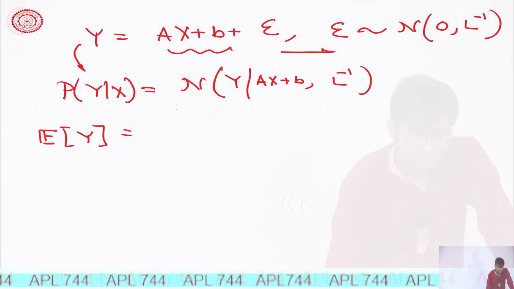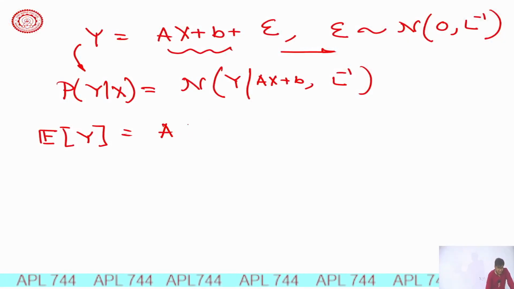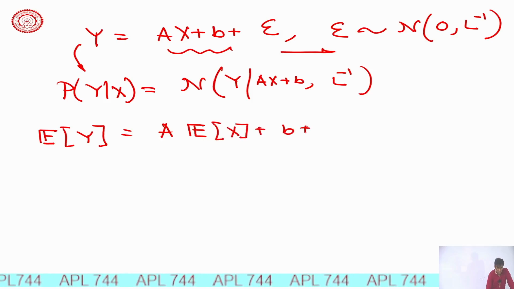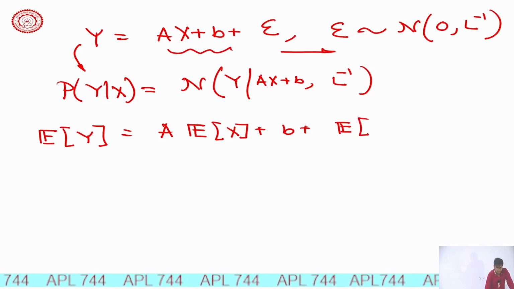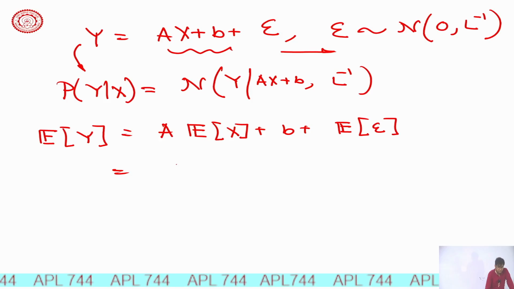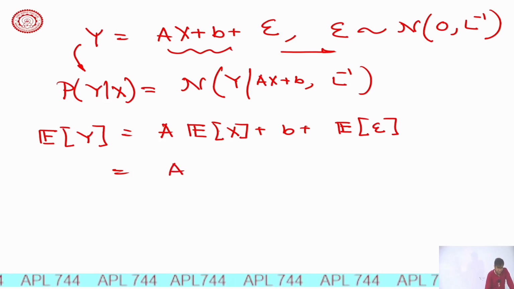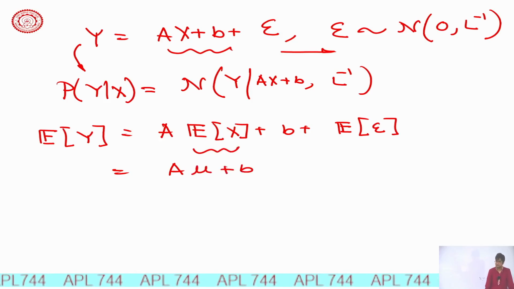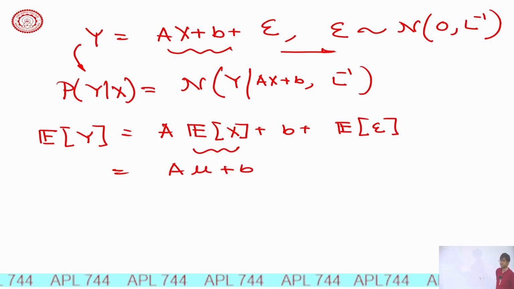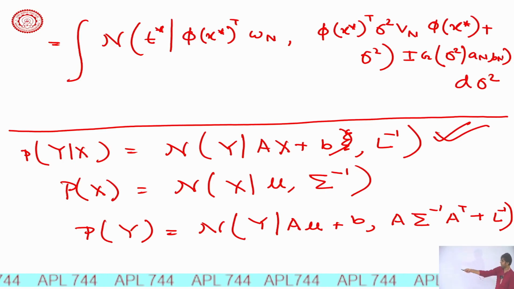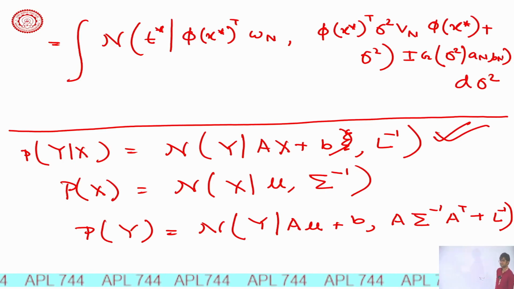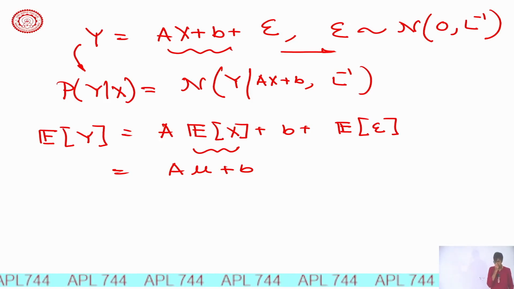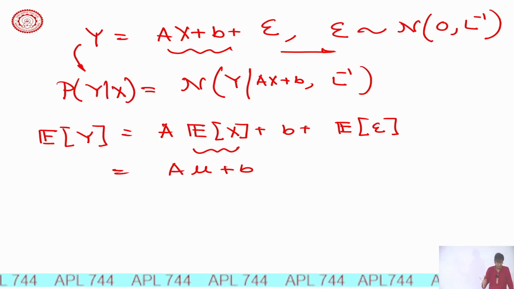So that will give you a expectation of x plus b plus expectation of epsilon, which is equal to a expectation of x, let us call it mu, so a mu plus b. Clear? And that is what I have written here, a mu plus b. Okay. Now what will be the covariance or covariance matrix of y?